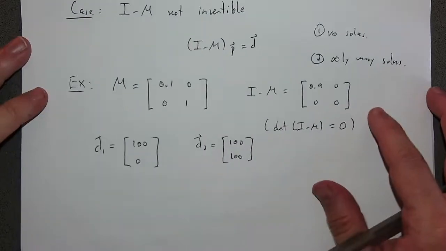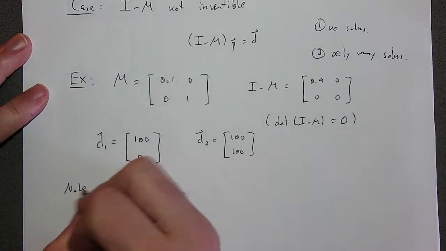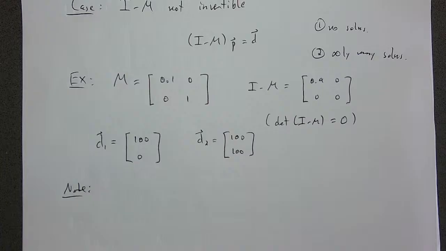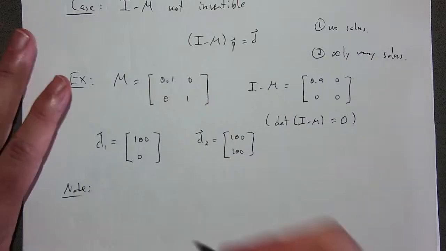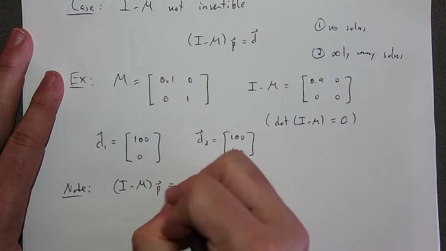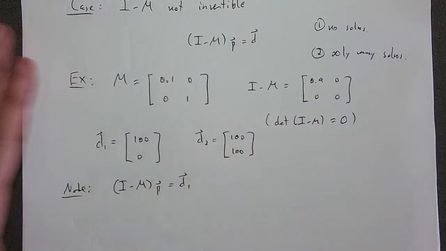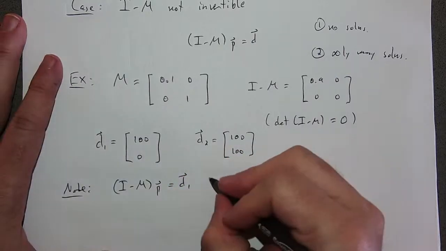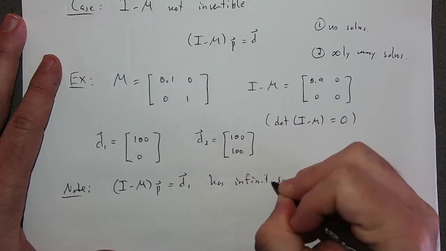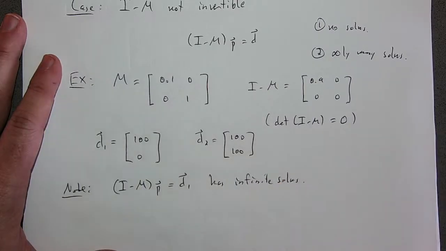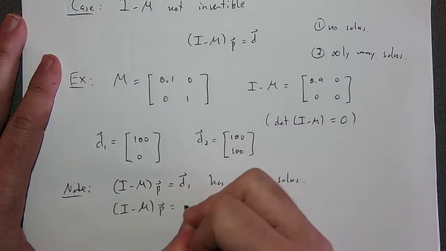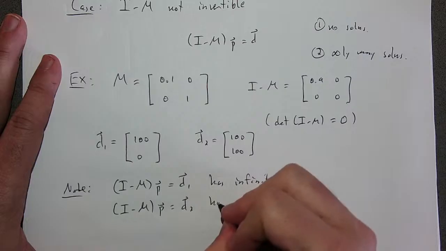Note, we get both of these cases here depending on which external demand vector we pick. I minus M times p equals d sub 1 has infinitely many solutions. I minus M times p equals d sub 2 has no solutions.